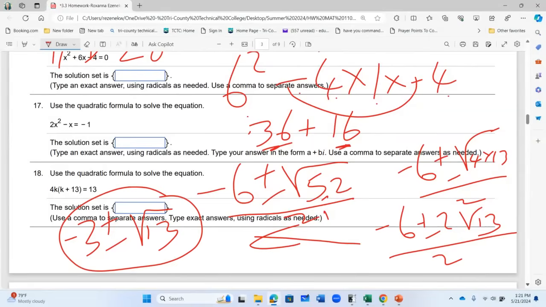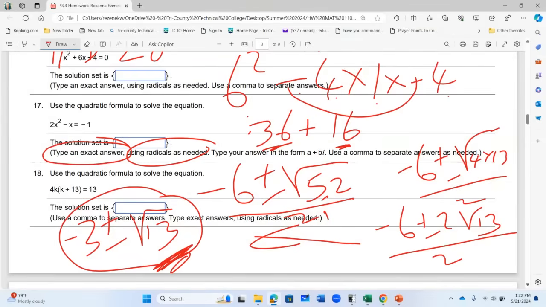Okay, you can be told to leave your answer in exact form. If the question says type an exact answer using radicals, it means you have to leave your answer in radicals.